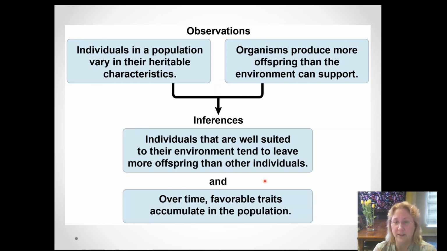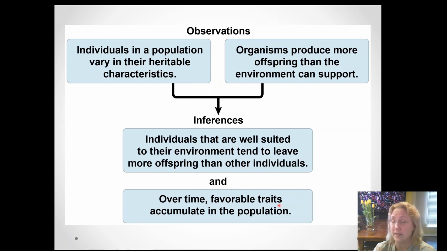So what he inferred is that if we have variation and excessive production of offspring, then every generation, the individuals that have better adaptations to the environment are going to survive to reproduce, or reproduce more than other individuals. And that's going to change the population.